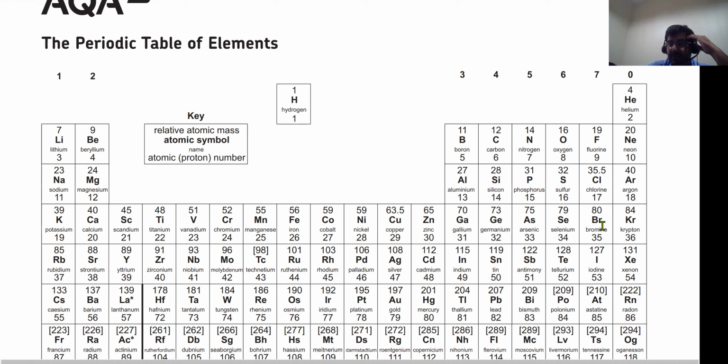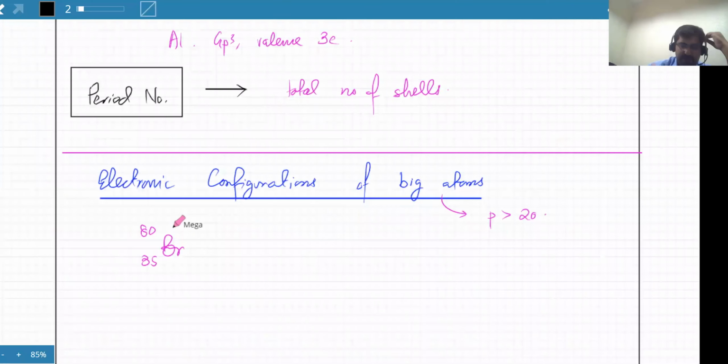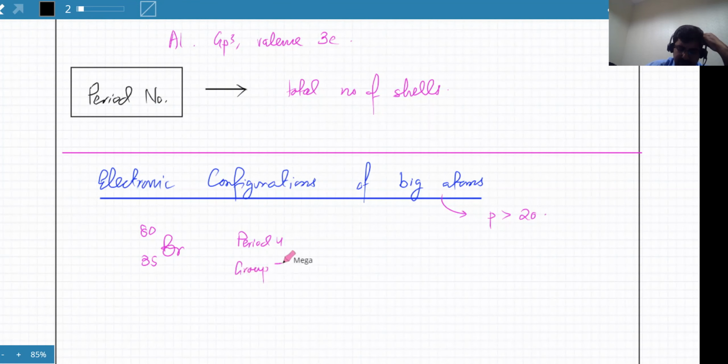If you look at bromine, it's going to have 1, 2, 3, and 4 shells, and it's in group 7. So I'm getting two pieces of information about bromine from the periodic table: that it's in period 4, and secondly it's also in group 7.